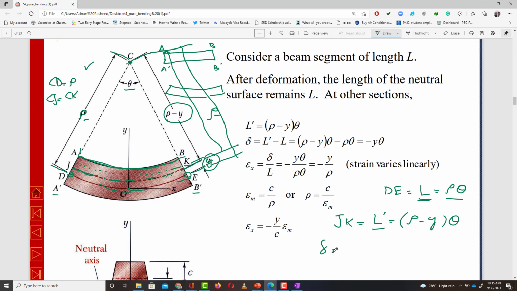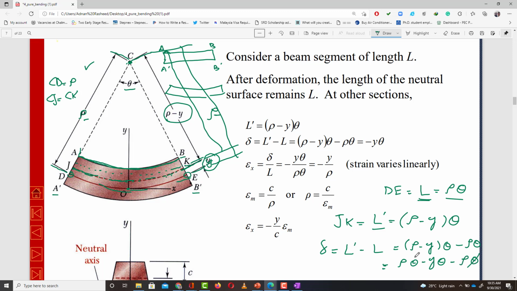You know that change in length is equal to new length minus original length. So new length is rho minus y into theta, and original is rho theta. So you multiply it: rho theta minus y into theta minus rho theta.